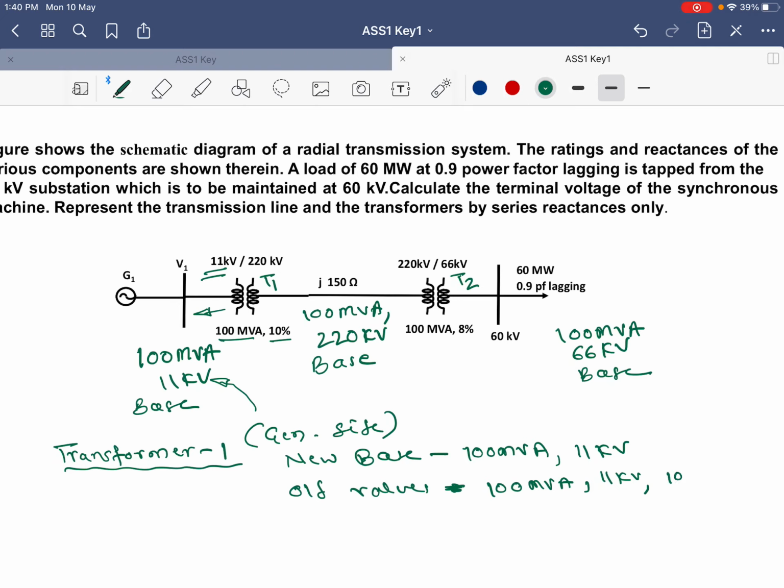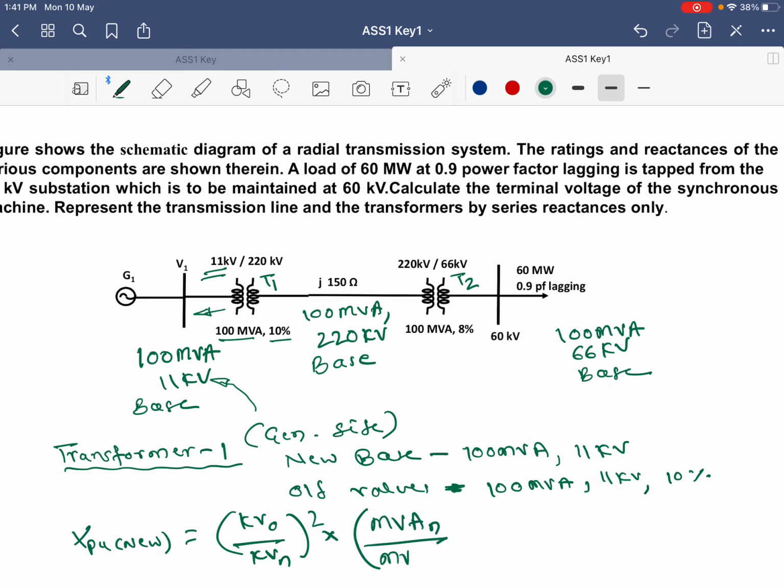Then the good old formula for the new per unit value: X per unit new is equal to (kV old by kV new) whole square multiplied by (MVA new by MVA old). This formula you have to make use of.